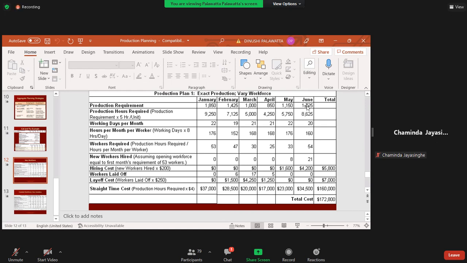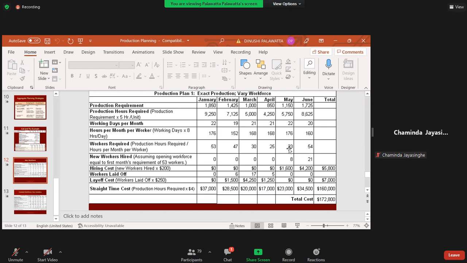And then go to June. Production requirement is 1,725. Multiplied by 5, you get 8,625 as the production hours required. Working days are 20, multiplied by 8, you have 160 hours in the month per worker. 8,625 divided by 160, you need 54 workers.